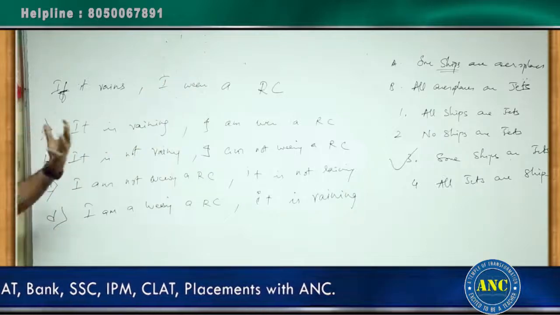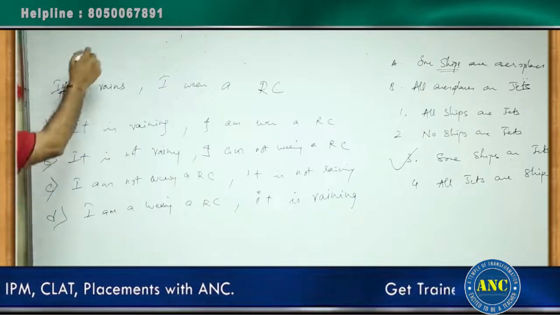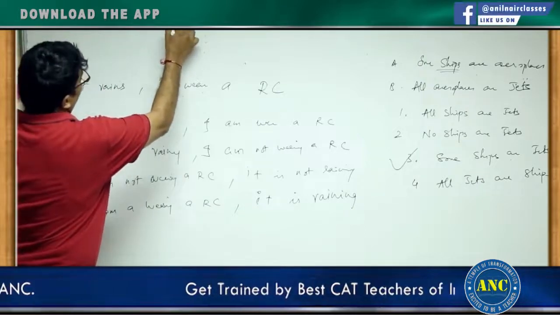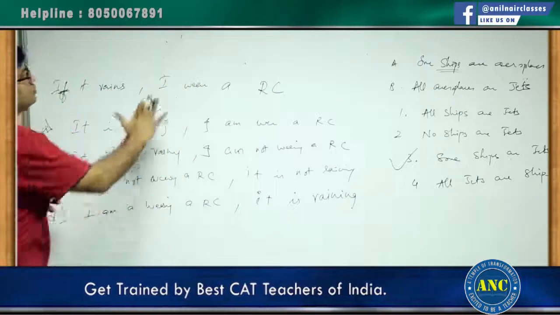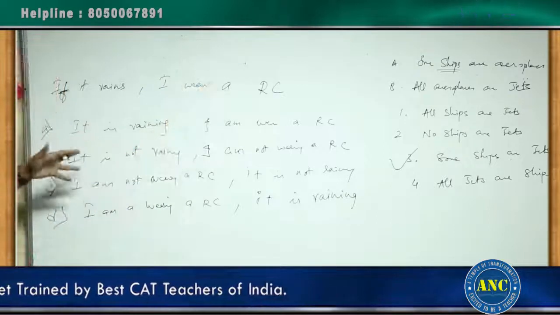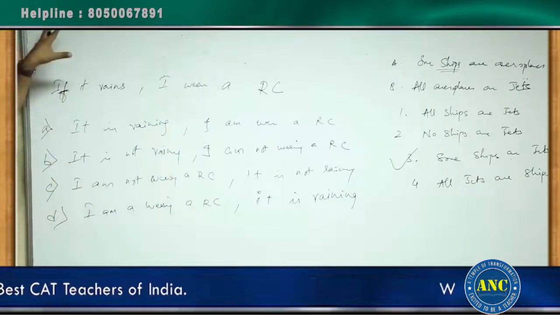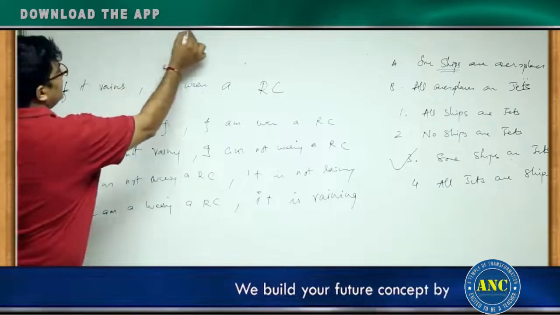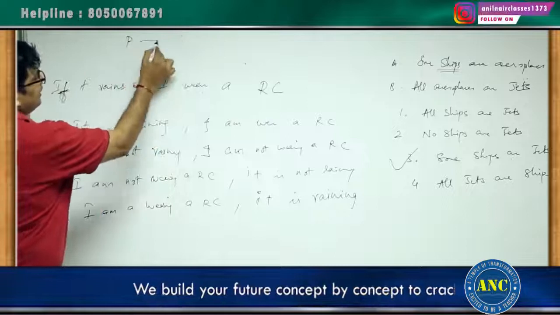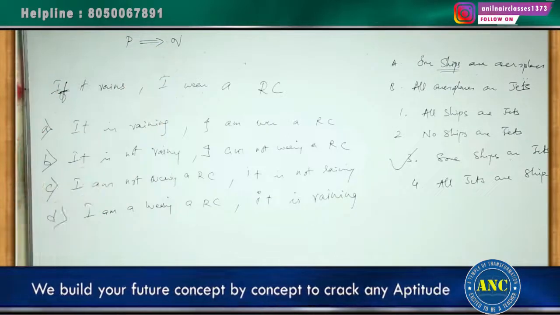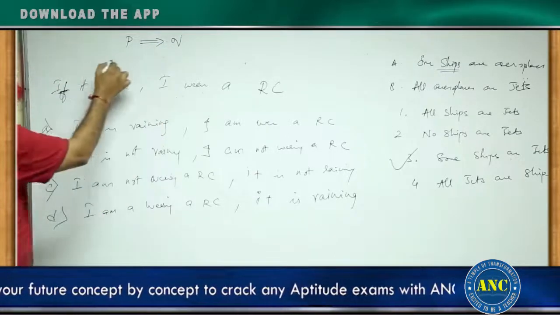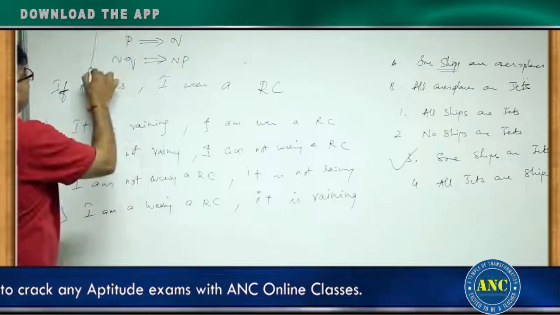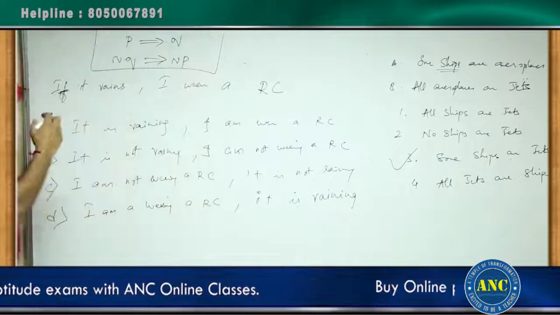So what I keep saying in this kind of questions is, if P then Q. Instead of worrying too much about the statements, I would like you to look at it this way. If P then Q, if P happens, then Q will happen. P will imply Q, or negation Q will imply negation P. This is like a cause and effect.